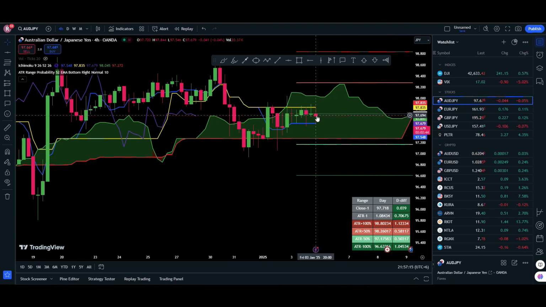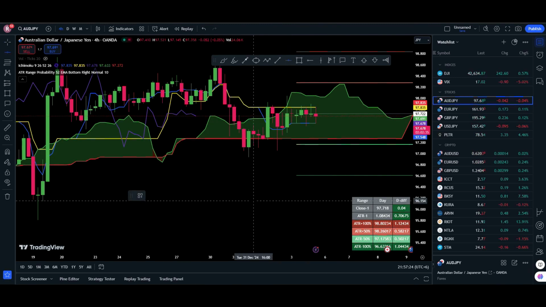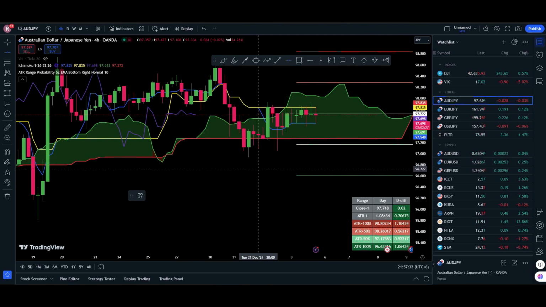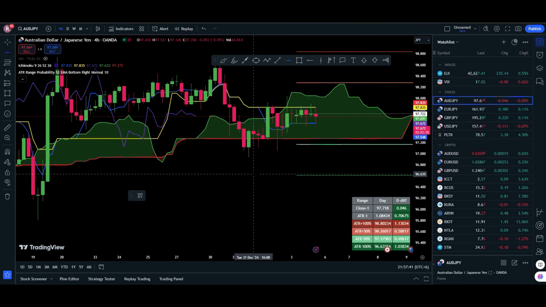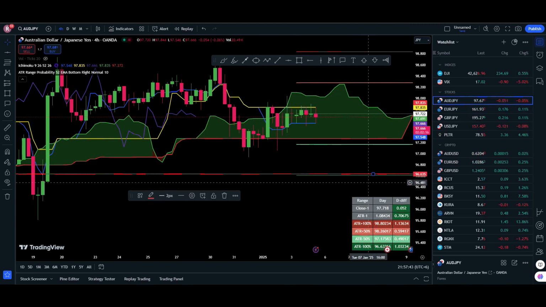If we have taken a trade here, then our 96.63, where is 96.63? Come down here. It will be somewhere here.